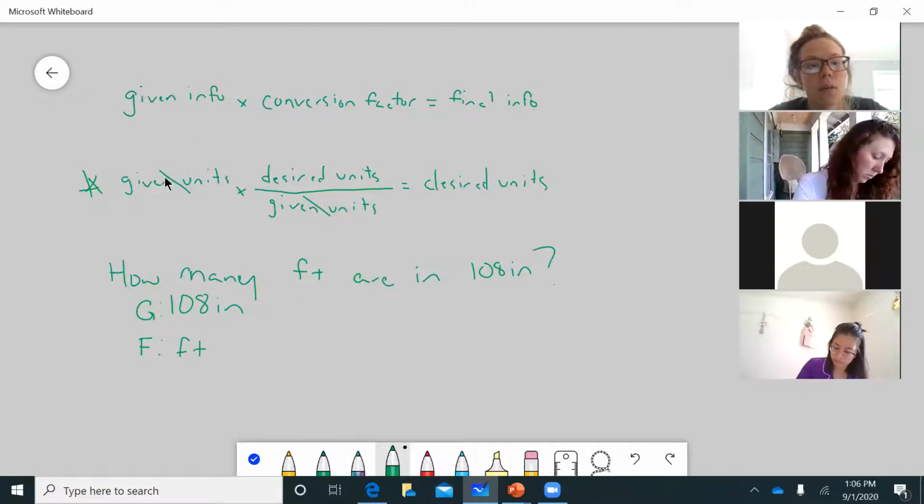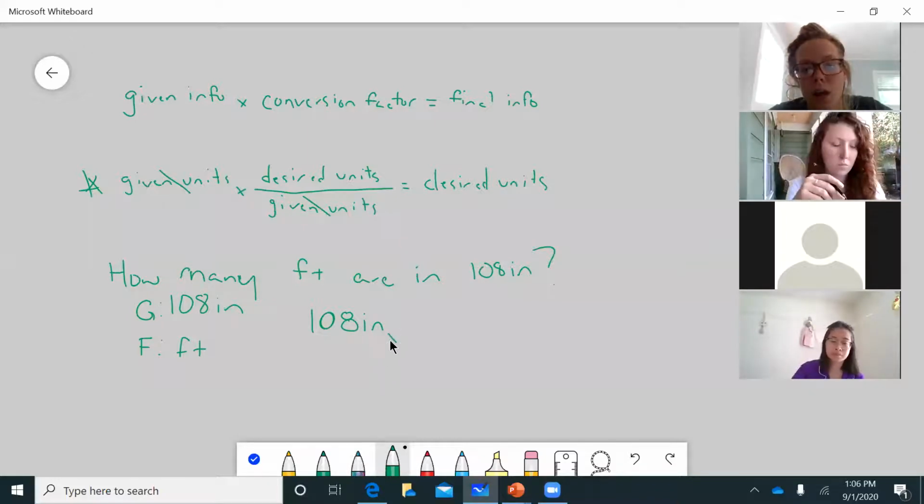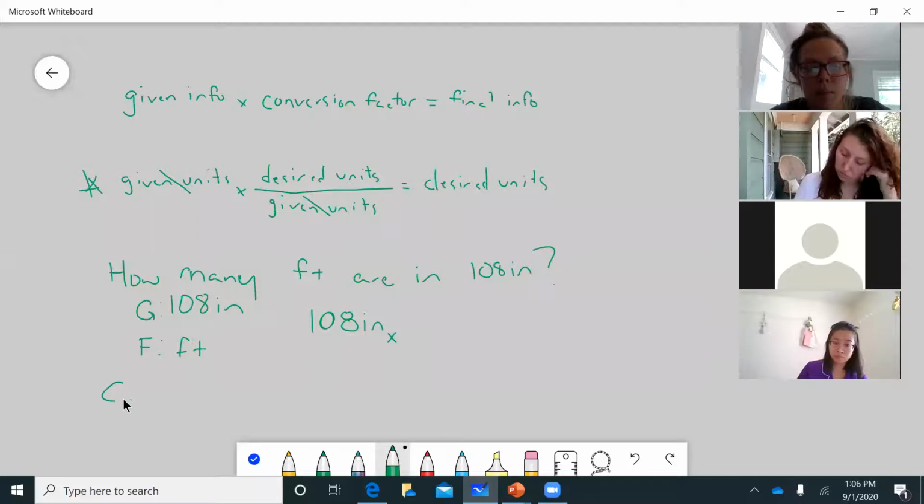So we start with our given units or our given info, which is this 108 inches. I need to multiply it by a conversion factor that somehow relates inches and feet to each other.